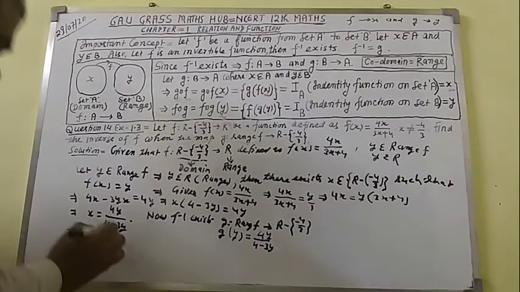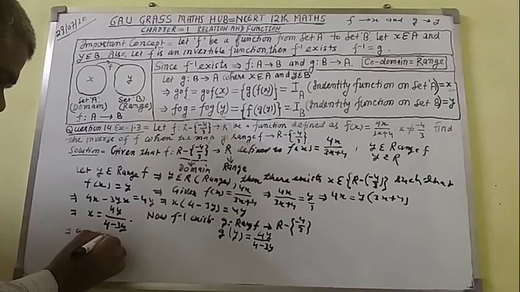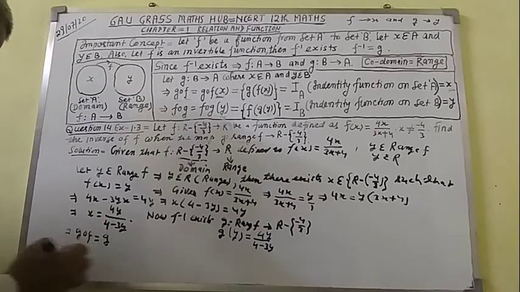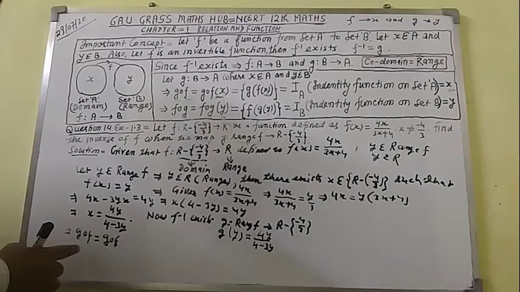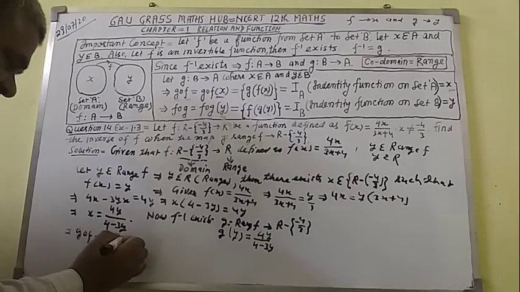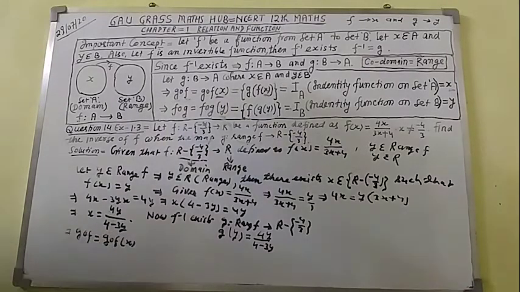Gof equals G of F, just write x, because the last letter is F.